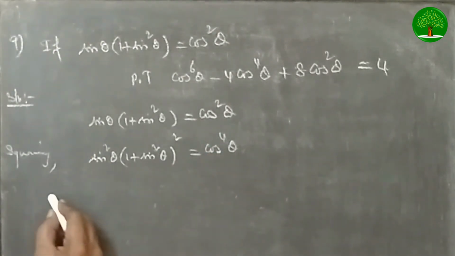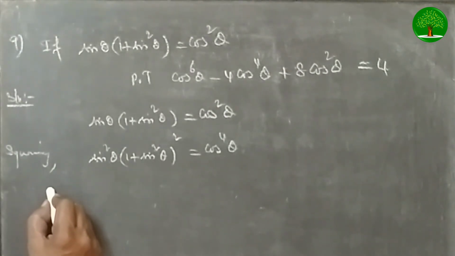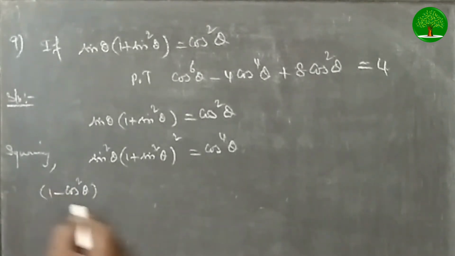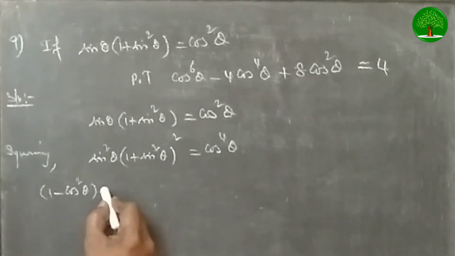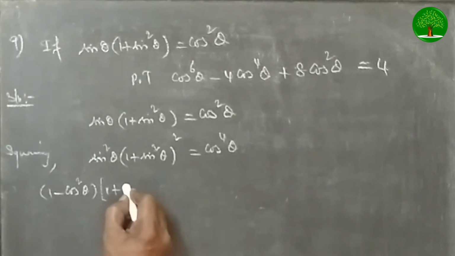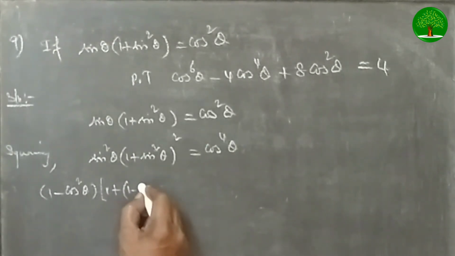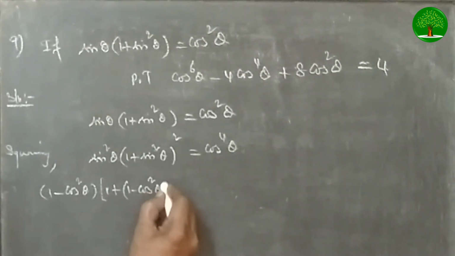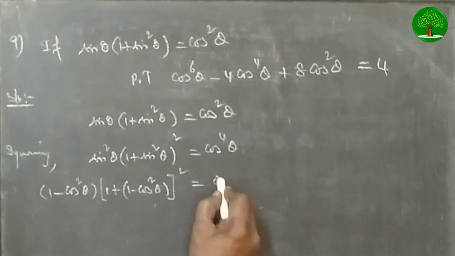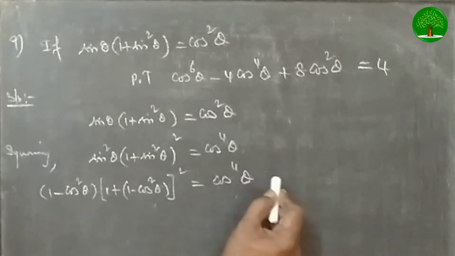Now sin square is equal to 1 minus cos square theta. So (1 minus cos square theta) into (1 plus 1 minus cos square theta) whole square is equal to cos to the power of 4 theta.